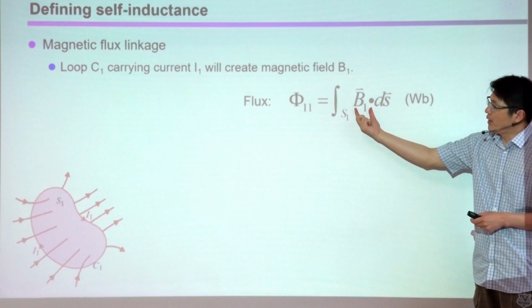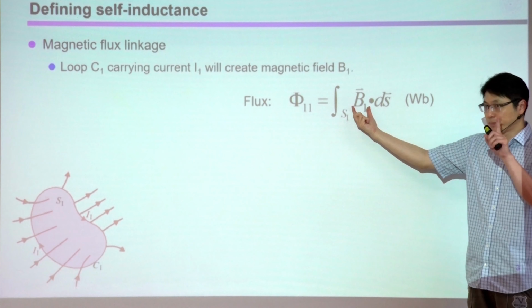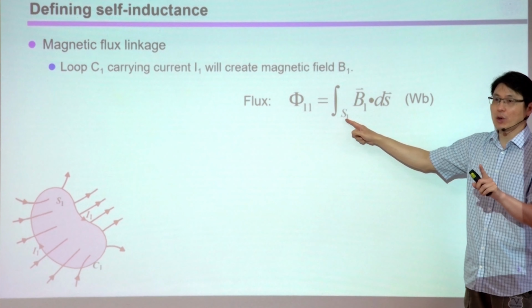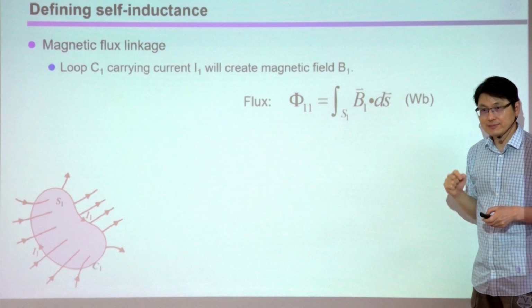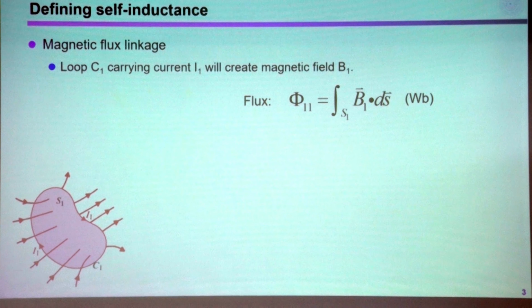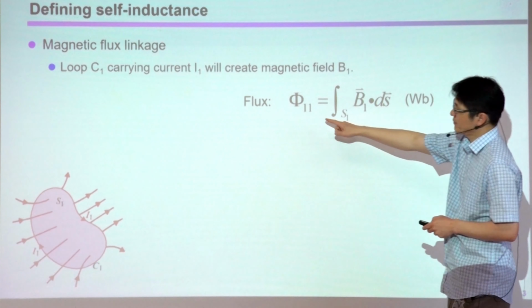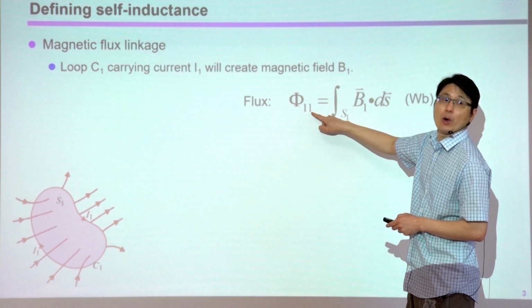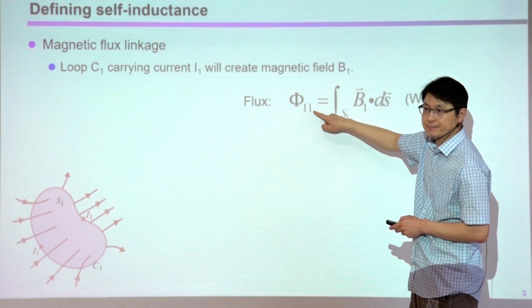So this is B1, the B field created by loop number 1, performing a surface integration over also loop number 1. So that is flux phi 11, the definition of phi 11. Field created by the first loop integrated over the surface of the first loop. Okay?